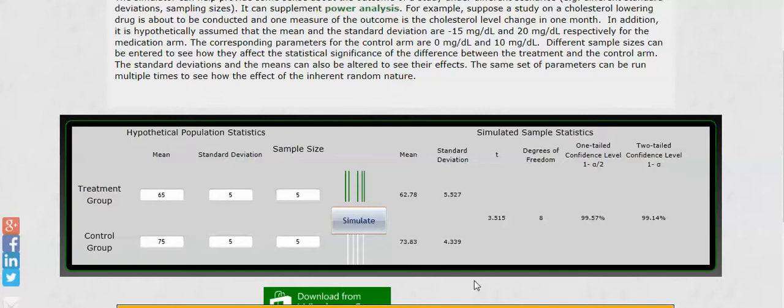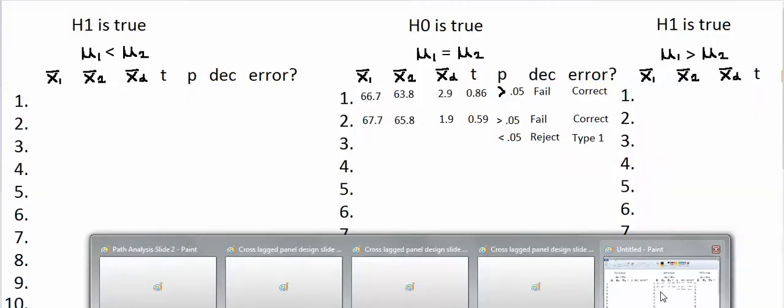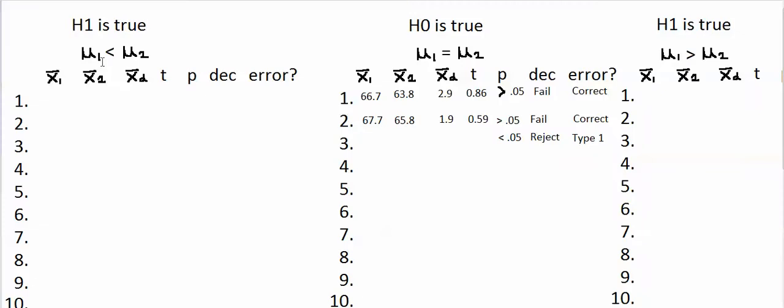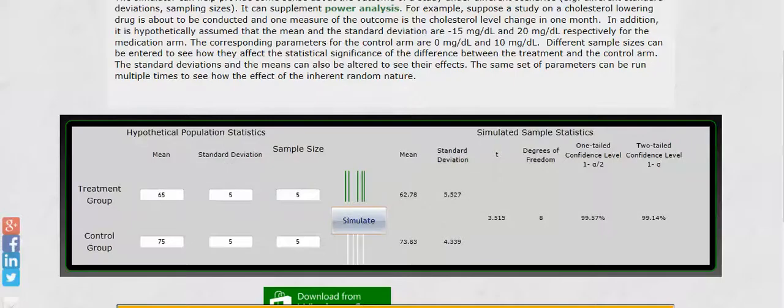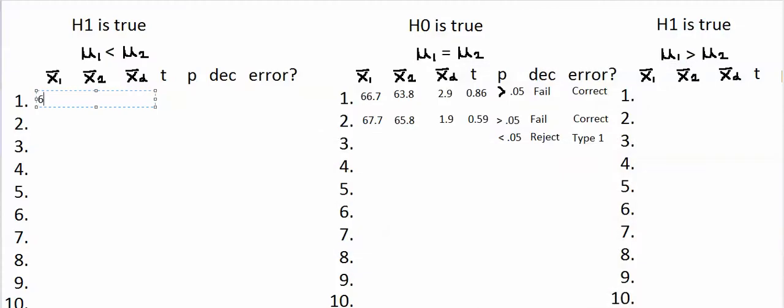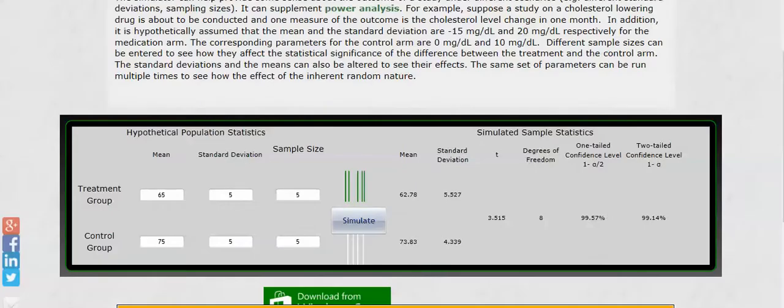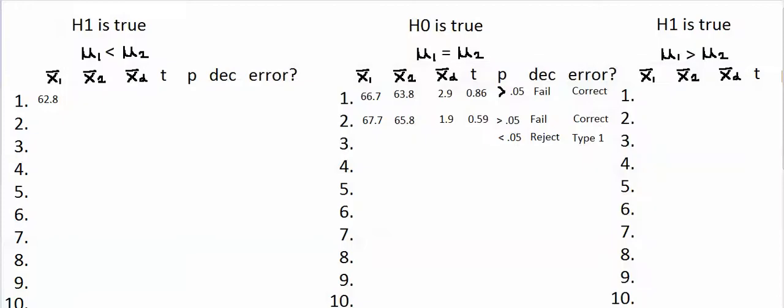So I want you to go over here where each one is true, where we're in this situation, and type in, because this is the situation in which this population mean is lower than this one, your first simulation: 62.8 for the first sample mean, 73.8 for the second one.